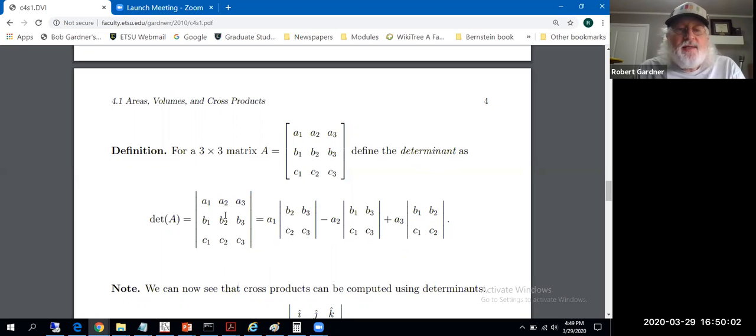Then we're subtracting A2 times the determinant of what we would get by eliminating the row and column containing the entry A2. We'd be left with subscripted B's and C's without subscripts 2. Subscripts 2 were eliminated. And then we'll take A3 back to positive for some reason, times the determinant of the little 2 by 2 matrix we get by eliminating the row and column containing A3.